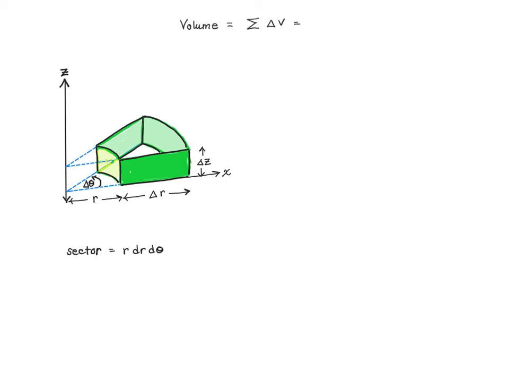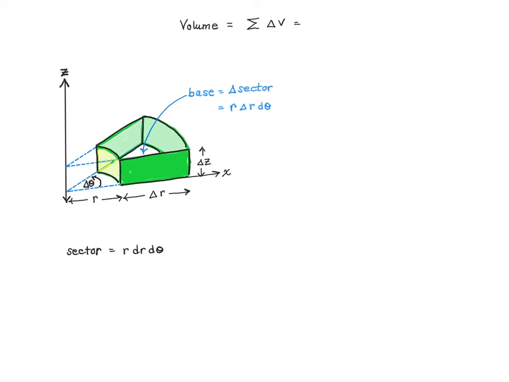So the base right here, this is the base. This base is a delta sector. And we looked at sectors in a previous lesson, and we know that the delta sector is r delta theta. And that gives us this base that we have down here. You cannot see just a section of it, but the base looks like this.